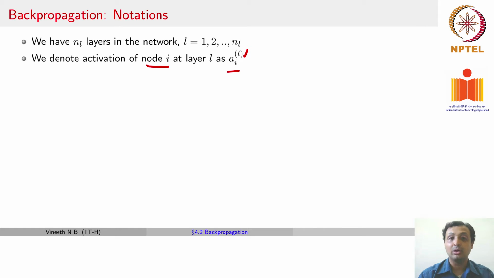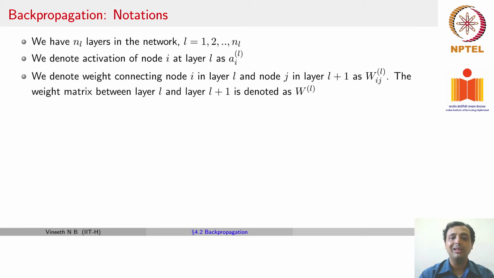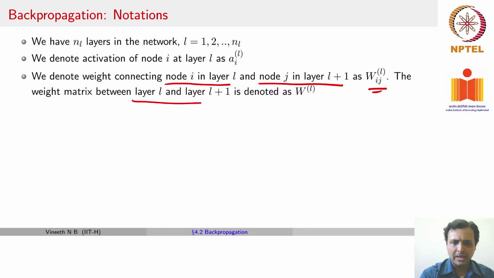And in the Lth layer, we call it a sub i superscript L. We denote the weight connecting node i in layer L and node j in layer L plus 1 as W sub ij in the Lth layer, and the entire weight matrix between layer L and layer L plus 1 is denoted as W superscript L.